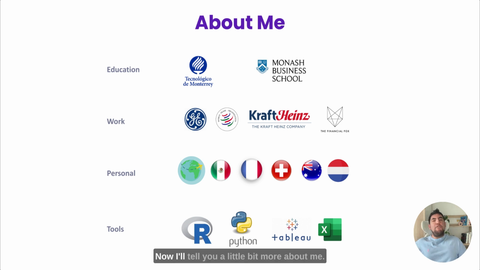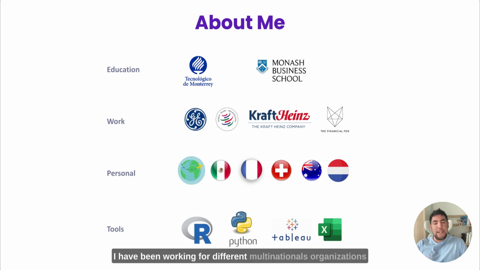Now, I'll tell you a little bit more about me. My background is in business, and then I did a master's degree in finance and data science at Monash Business School in Australia. I have been working for different multinational organizations like GE in Mexico, then the World Trade Organization in Switzerland, and then finally Kraft Heinz, first in Australia and now in the Netherlands.